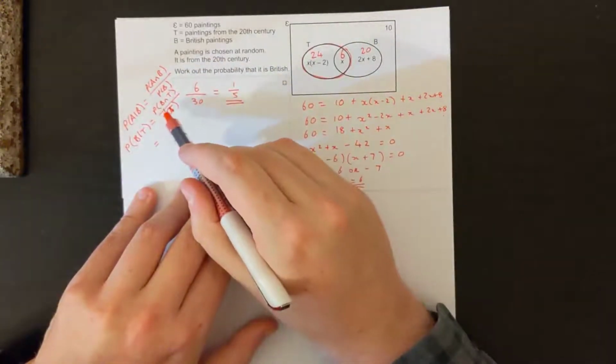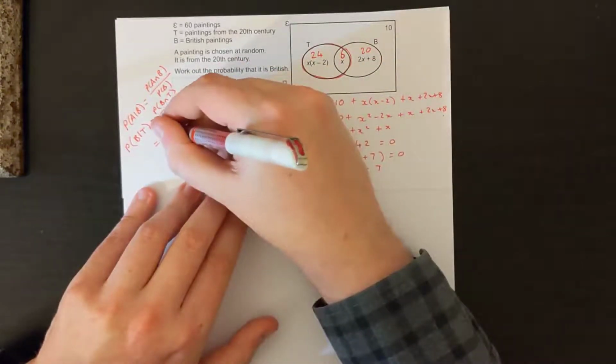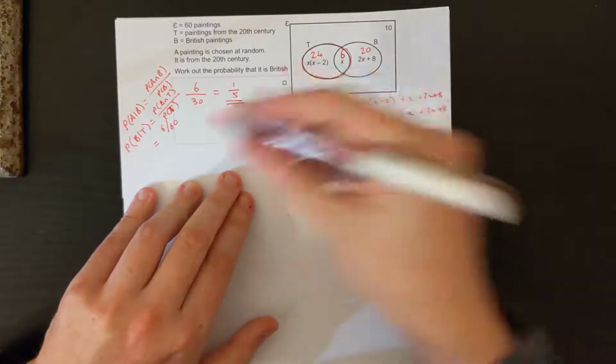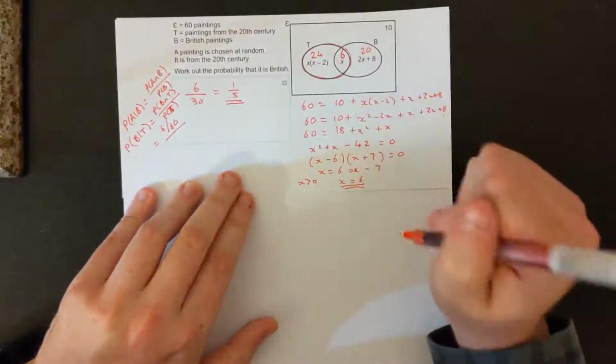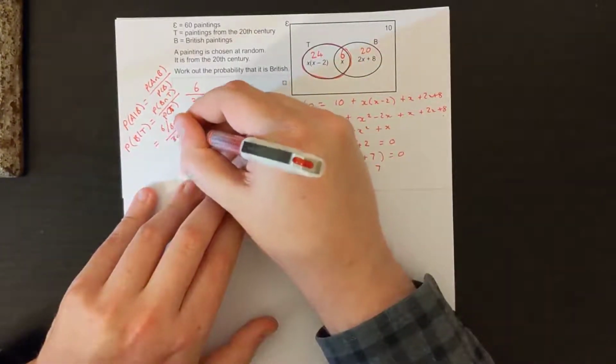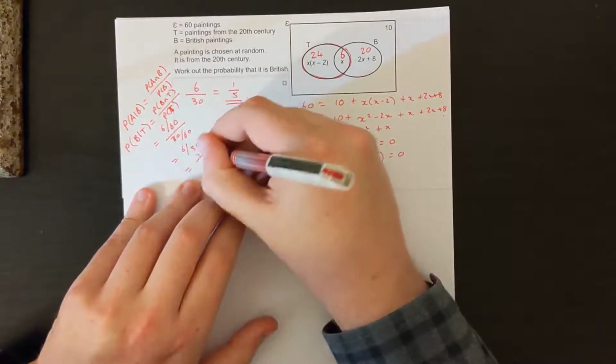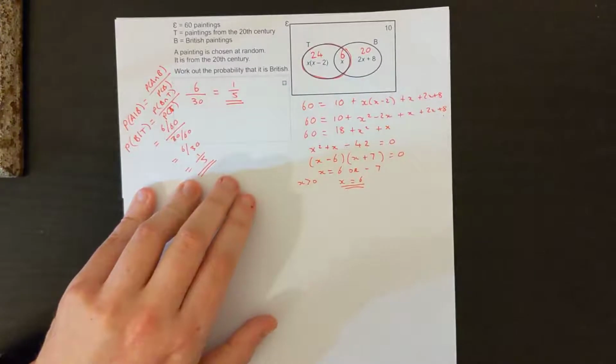So the probability of being British intersection 20th century would be 6 out of 60. There are 6 that are in that little intersection. And then the probability of being from the 20th century would be 30 out of 60, which is 6 out of 30, or 1/5. So the same final answer.